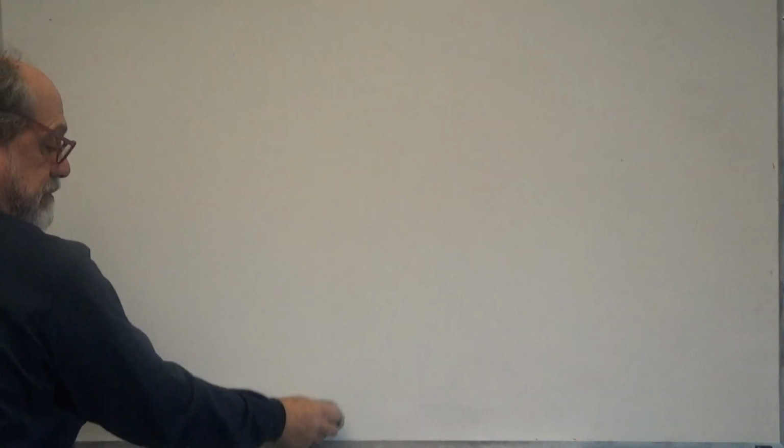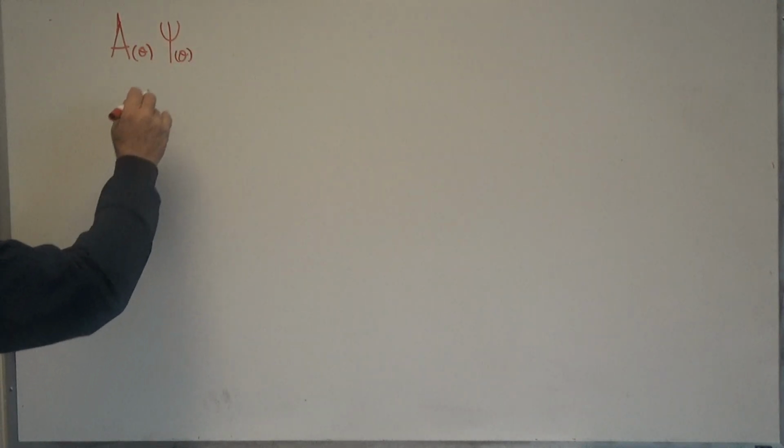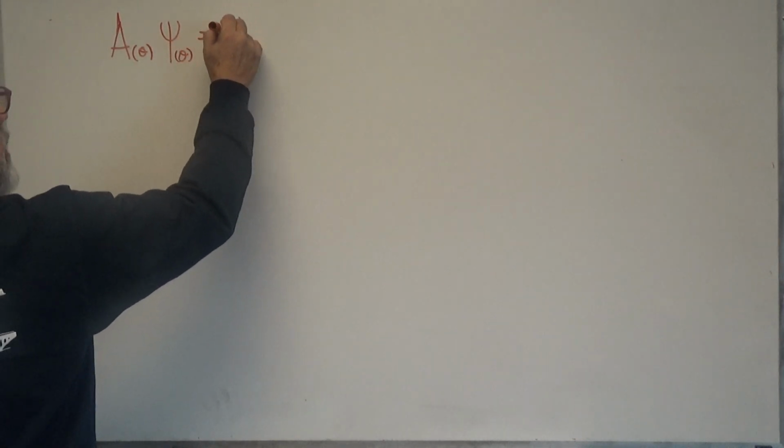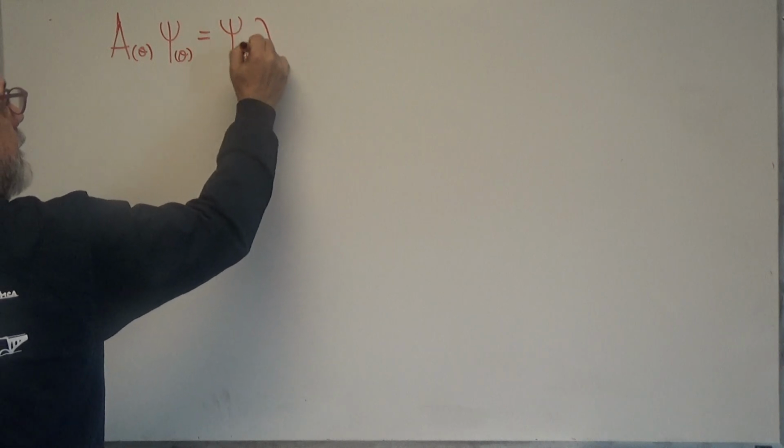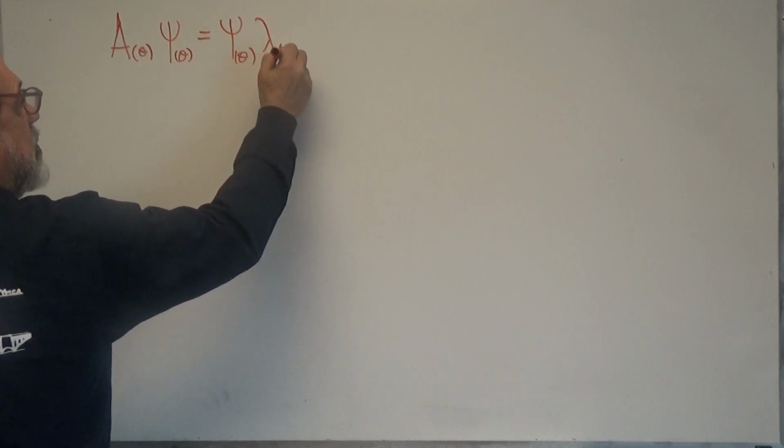So now, let's start again and say that this is our problem. A is a function of our parameter. If A is a function of the parameter, it's clear that the eigenvectors are also a function of the parameter, and that we have something like this, right?